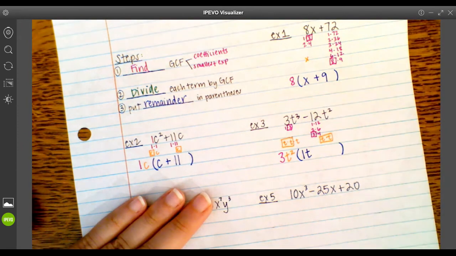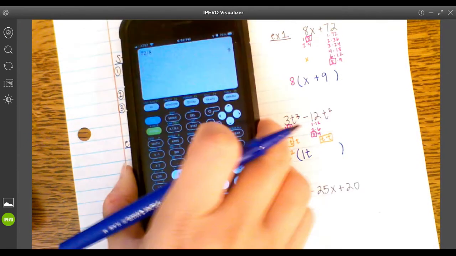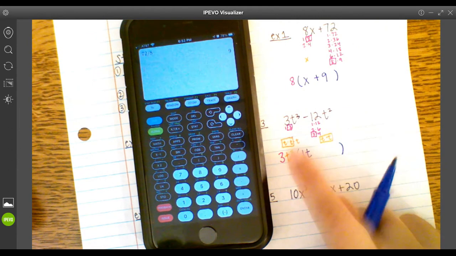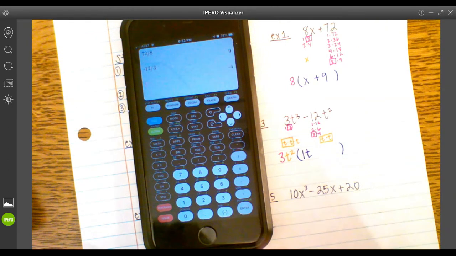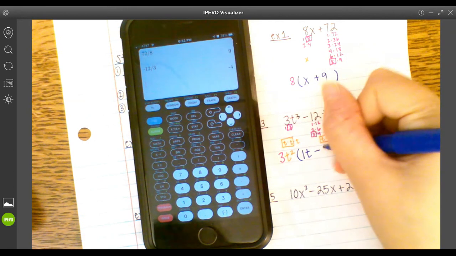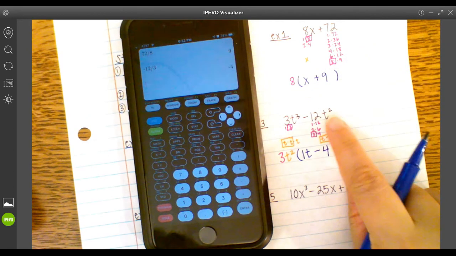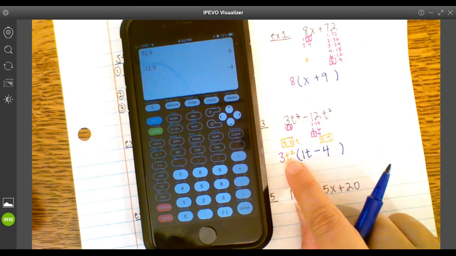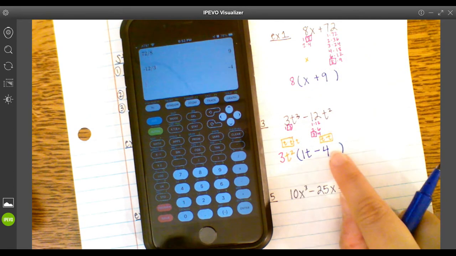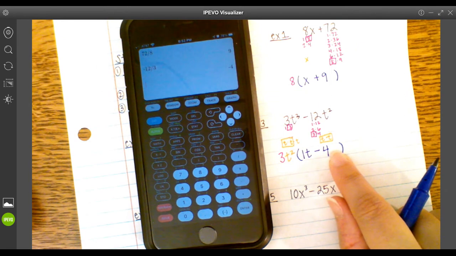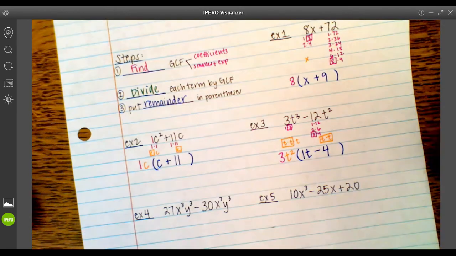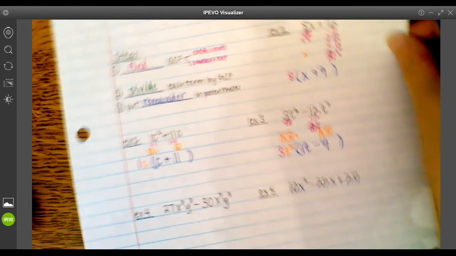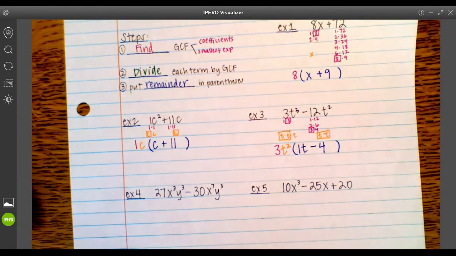All right, if I take negative 12 and I divide it by our GCF of 3, negative 12 divided by 3 is negative 4. Now, t squared was already taken out, so I will not have a t at the end of my remainder. Congratulations, guys. You found another GCF. Let's take a look at number 4 and number 5 as we roll along.